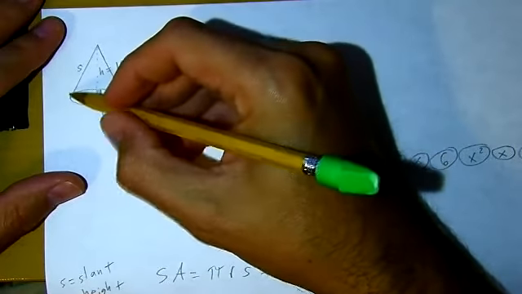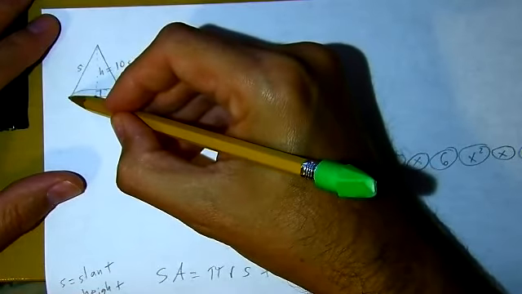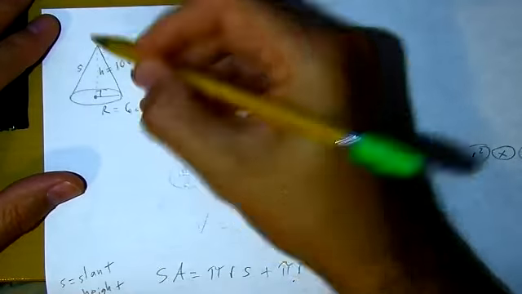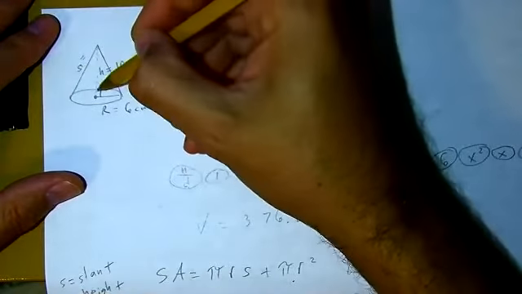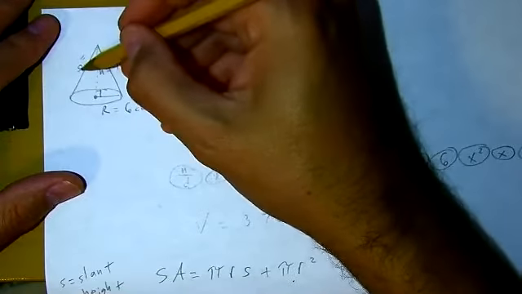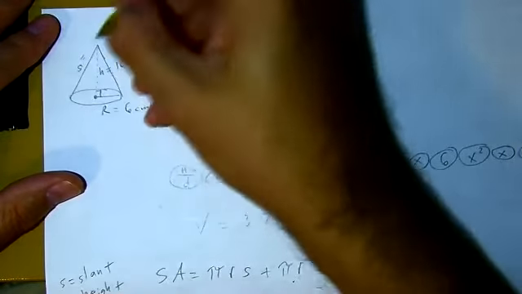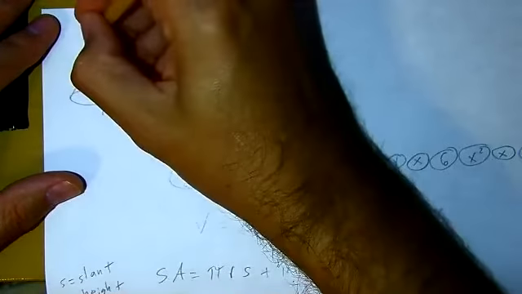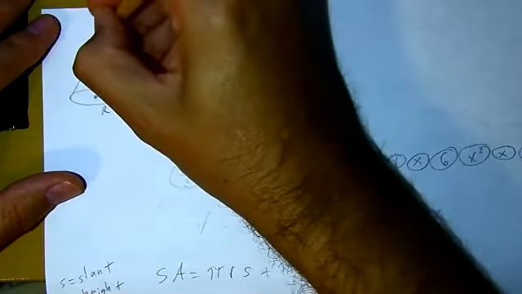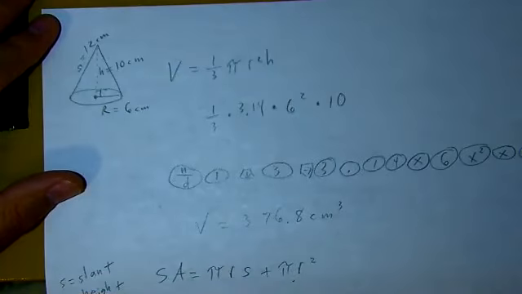It's basically the length from the edge of the circle to the tip of the cone. So let's say the slant height is, it's always going to be longer than that, because if you think about this as a right triangle, this is going to be your hypotenuse. So it's going to be longer than 10. So let's just say it's 12. I don't know what it is exactly. It doesn't matter. Let's say it's 12 centimeters.